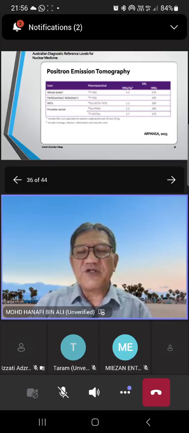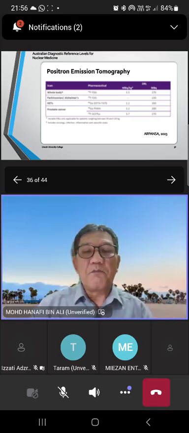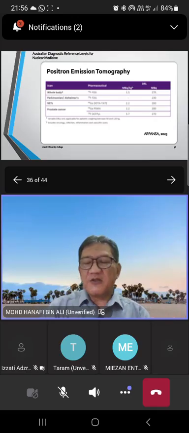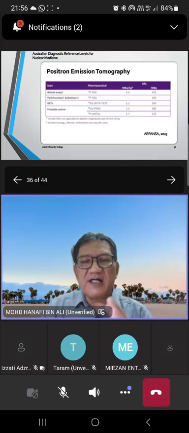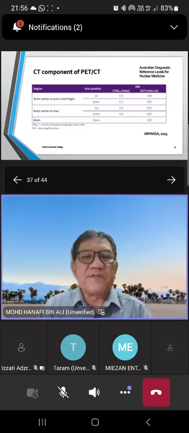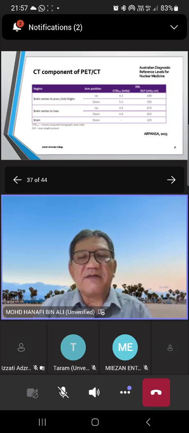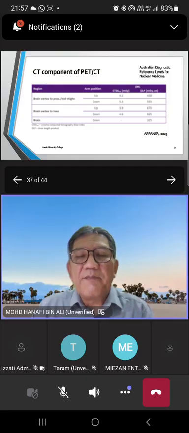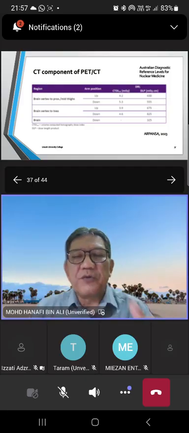I got this information from ARPANSA. If you want to know more about CT scan or PET, they discuss it in great detail there, so for those who are interested. So we have CT scan and PET component, PET CT recorded, and this is the combined measurement.